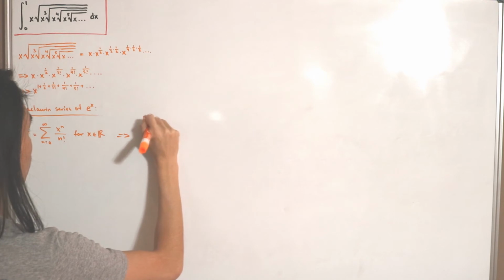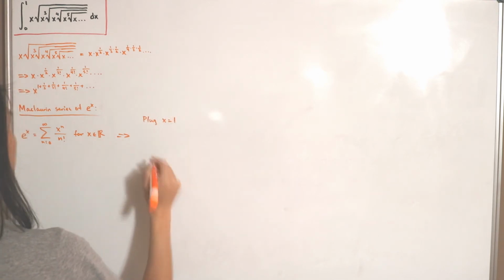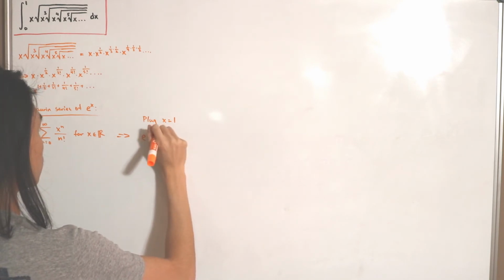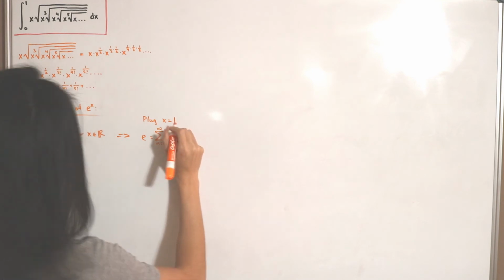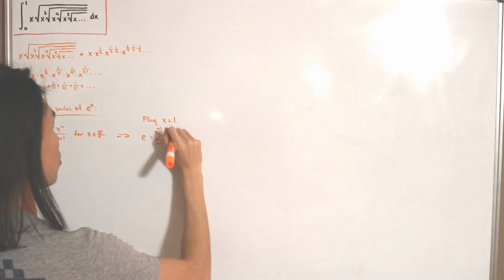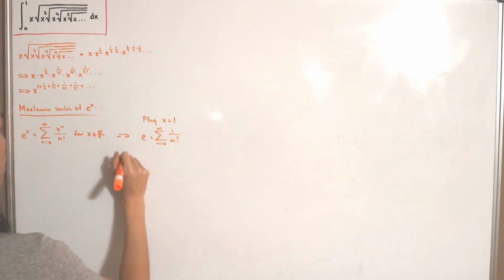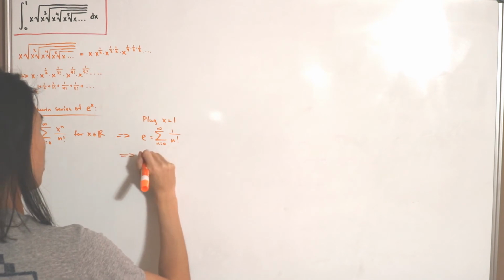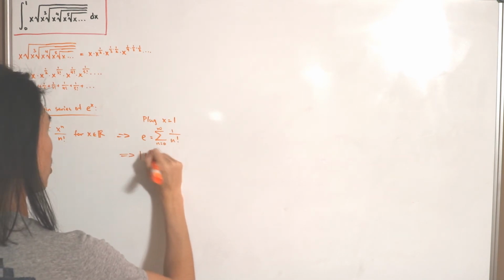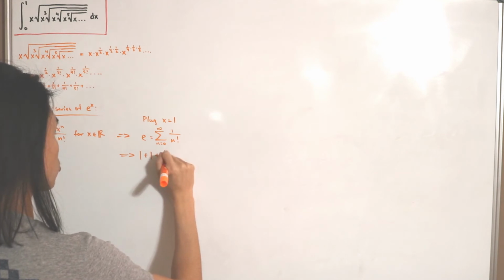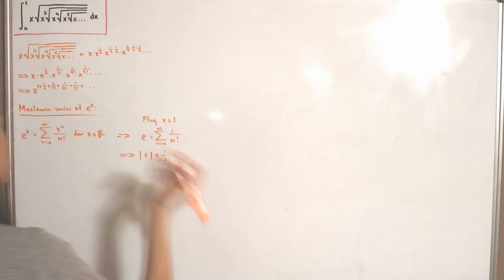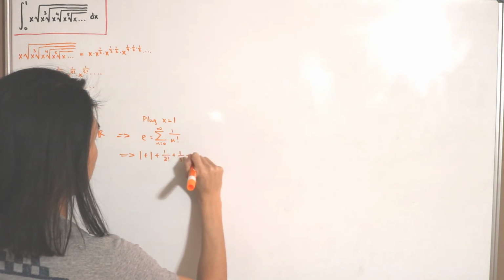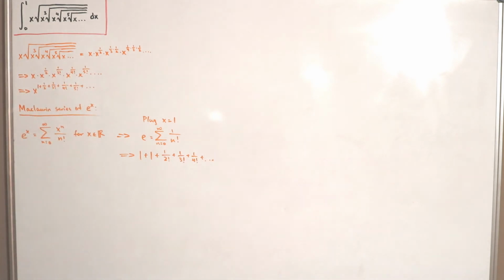That means I get e is equal to the sum from n equals 0 of 1 divided by n factorial. Expanding this out, n equals 0 gives 1, n equals 1 gives plus 1, then plus 1/2 factorial, which is just 1/2, then plus 1/3 factorial, plus 1/4 factorial, and so forth.